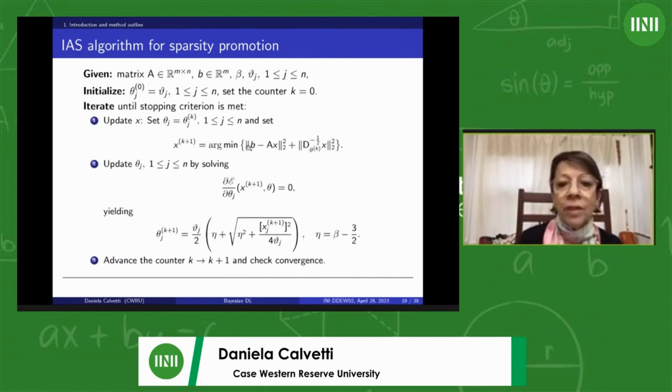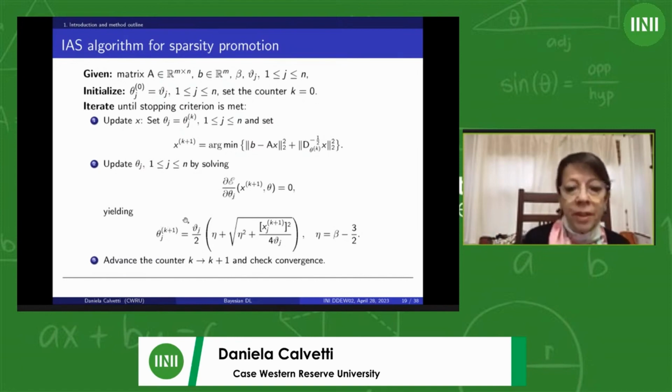First we solve what is effectively a linear least squares problem with a matrix D, which varies from iteration to iteration. Then in the next step, once we have computed X, we update the diagonal entries of D, which are really the thetas here, coming from the statistics, by expressing a first order optimality condition for the quantity to be minimized.